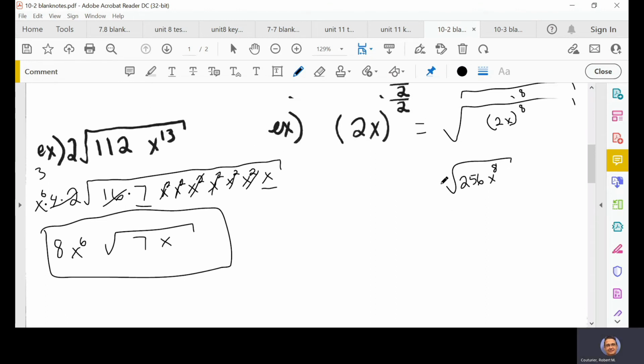So now we have to figure out again, what is our largest perfect square that goes into 256? And you just can keep dividing until you find one.